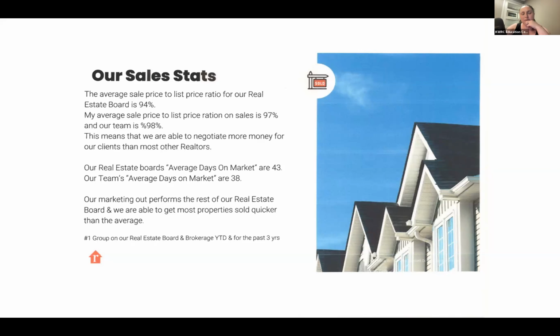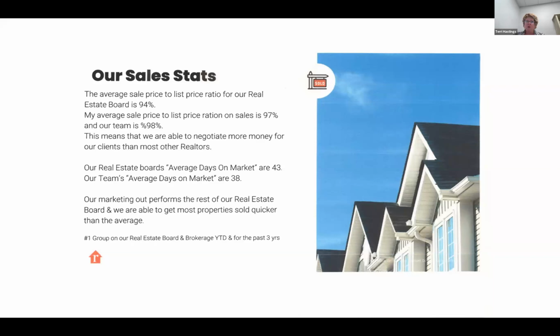Our real estate board's average days on market, meaning how many days it takes to sell a property, is 43. Some properties sell sooner, some take longer, so put all that into a pot, and here we are. Our team's average days on market to sell a property is 38.